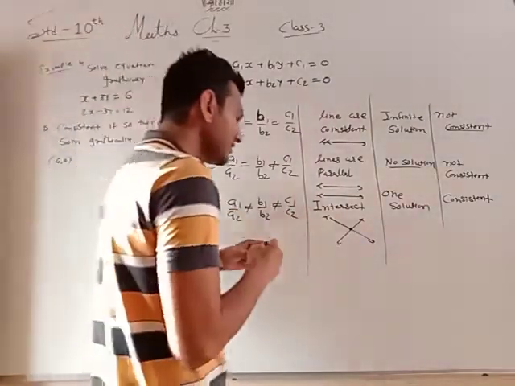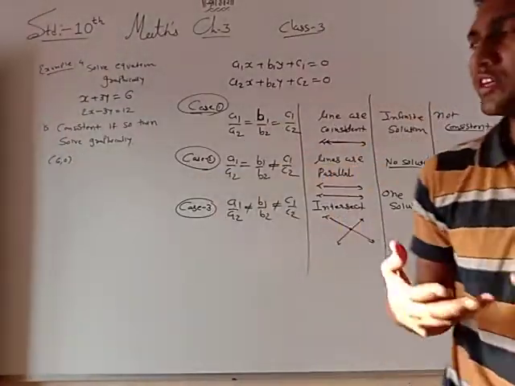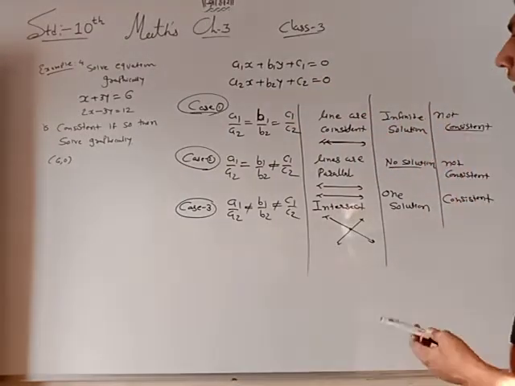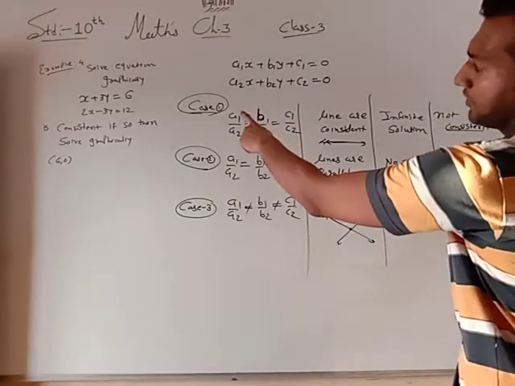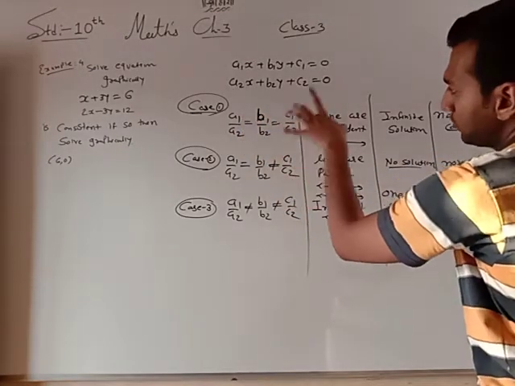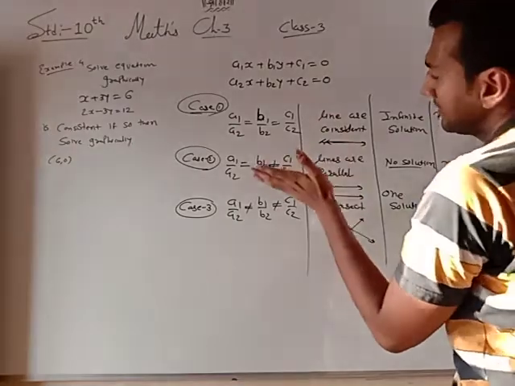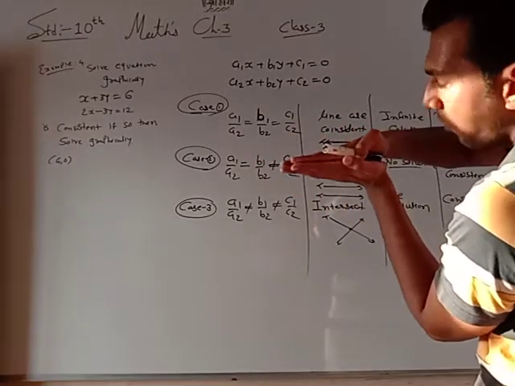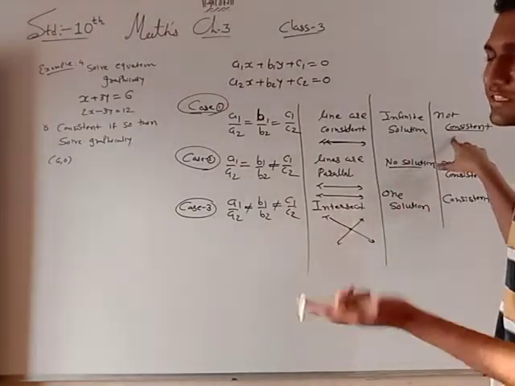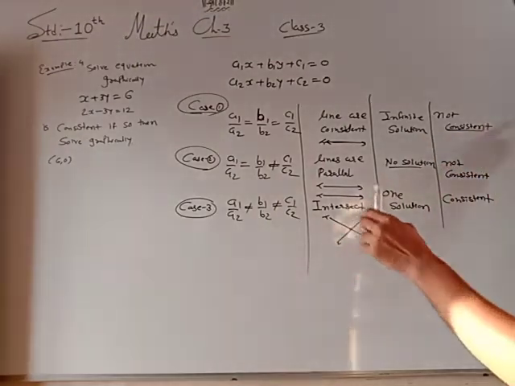This is the concept of which type of solution you get from the ratio. If the ratio a1 upon a2 is equal to b1 upon b2 is equal to c1 upon c2, the lines are coincident. Coincident means lines overlap, so there are infinite solutions, and it is not consistent, meaning उसका कोई solution नहीं मिलता है.